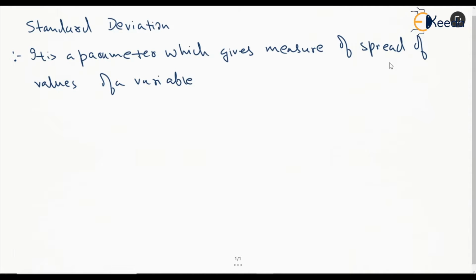Now we compare this, or we refer to the mean point. So variation of the values of a variable from its mean.